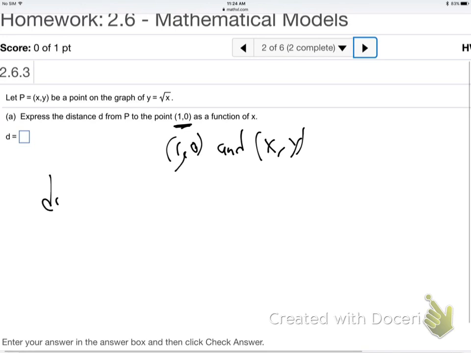So do your distance formula for 10 and xy instead of 0. Set up the distance formula, put it into y1 in your calculator, graph it, find the minimum. Same kind of stuff.